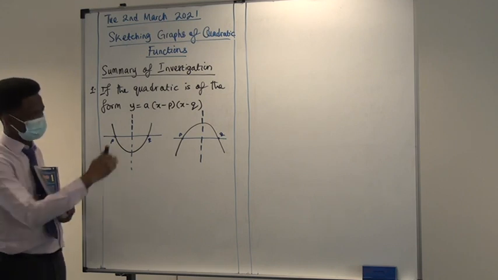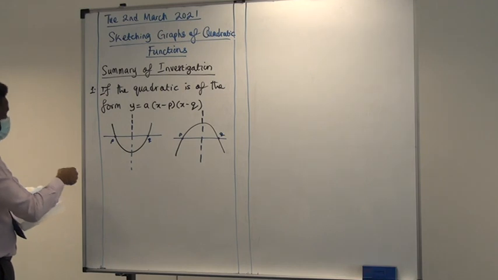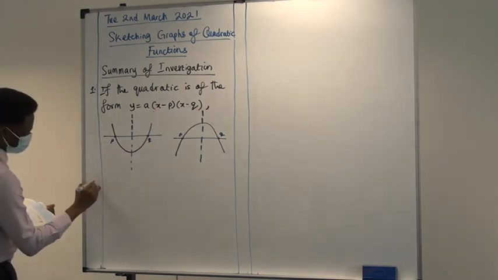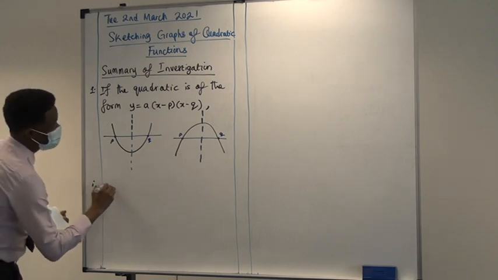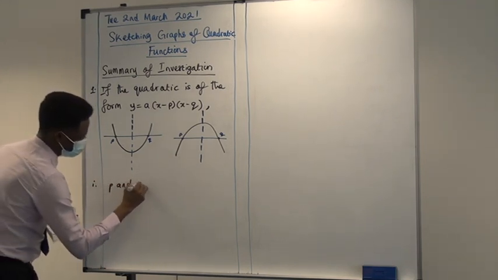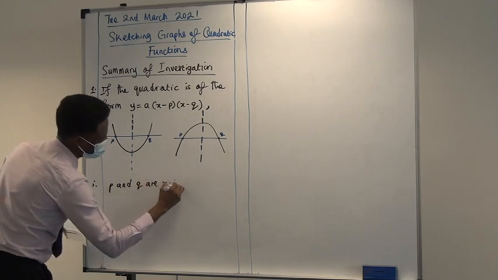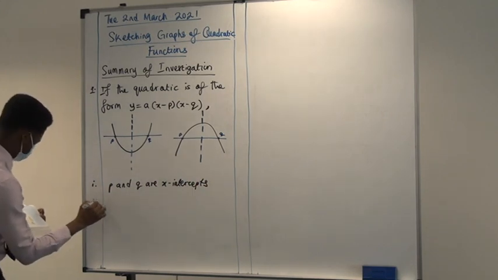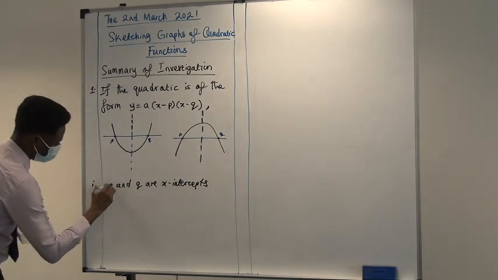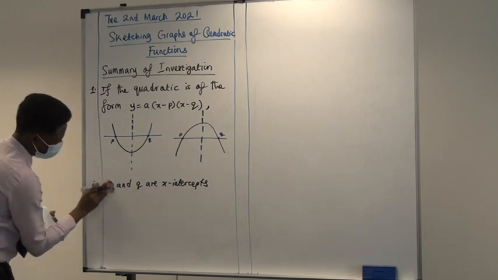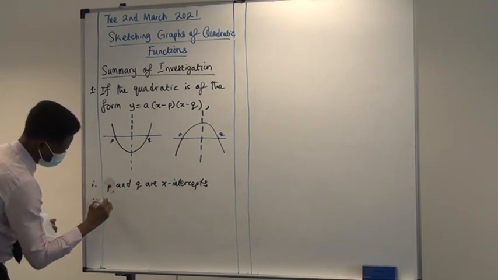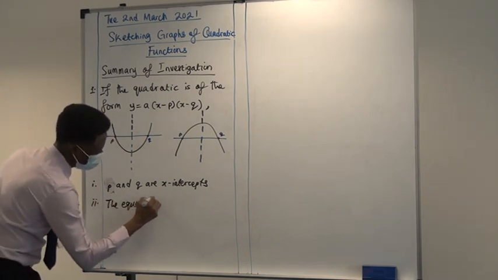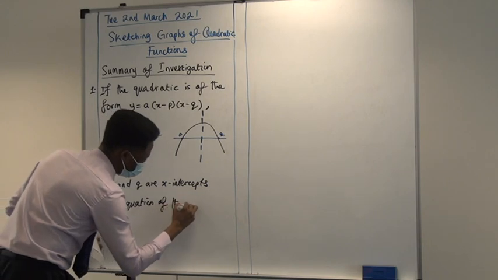Okay, one of the facts. Please write. If this happens, 1, P and Q are X-intercepts. 2, this is small letter P, please. The equation of the axis of symmetry.